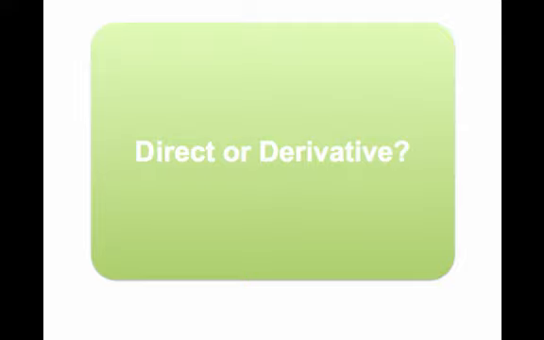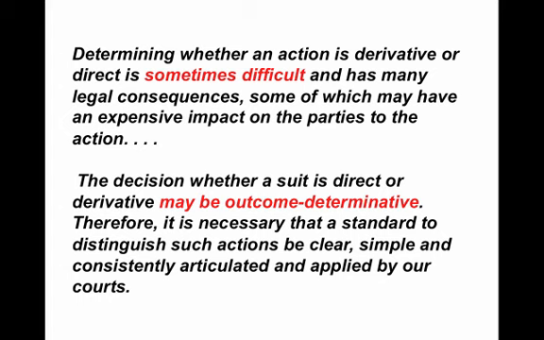But in addressing this question of what is a direct versus a derivative one, the court in Tooley put it this way: whether an action is derivative or direct is sometimes difficult, and that's putting it mildly, and has many legal consequences, some of which may have an expensive impact on the parties to the action.